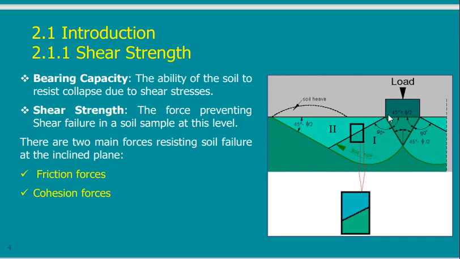When this is pushed, this number 2 will also be pushed by number 1, and so on. Number 1 will push anything above it. So you may have soil heave here at this location. So this is a trial from them to simplify the behavior of the soil.